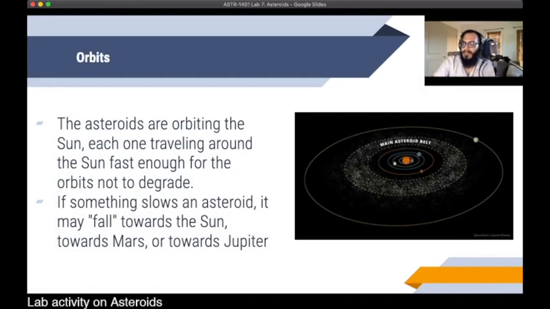Now, the orbits. The asteroids are orbiting the sun, each one traveling around the sun fast enough for orbits not to degrade. If something slows an asteroid, it may fall towards the sun, towards Mars, or towards Jupiter.